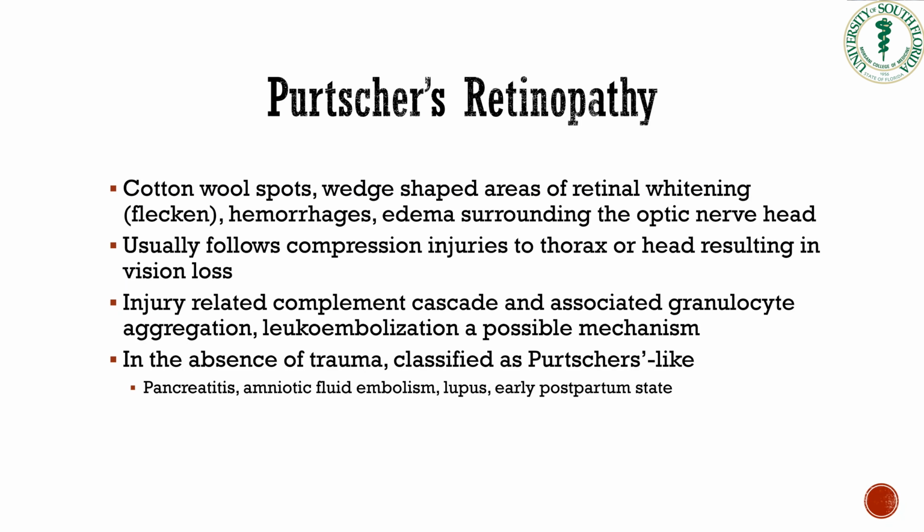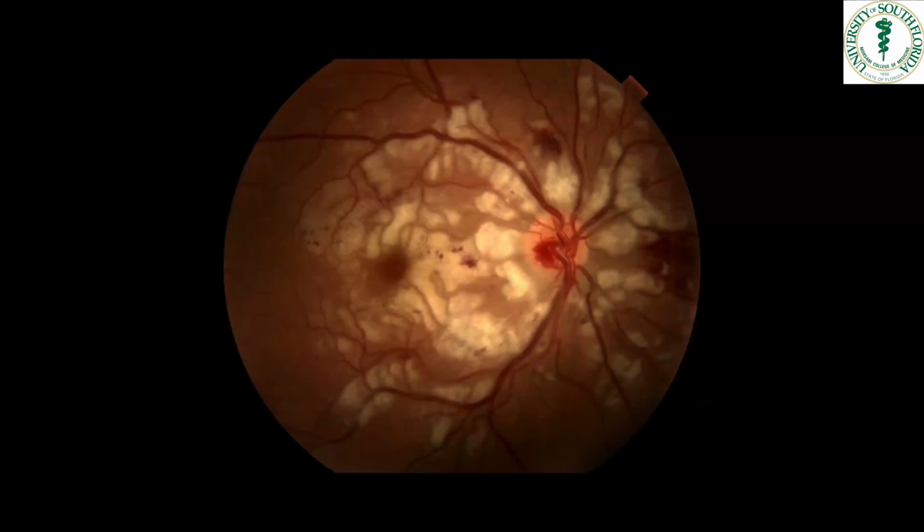So I often work these patients up for things like pancreatitis and lupus as well. Again, a beautiful photo of Purtscher's retinopathy with optic nerve head swelling, a mixture of those findings with some cotton wool spots nasally, and hemorrhages as well.